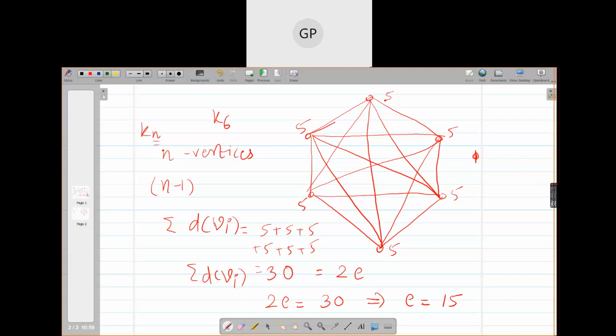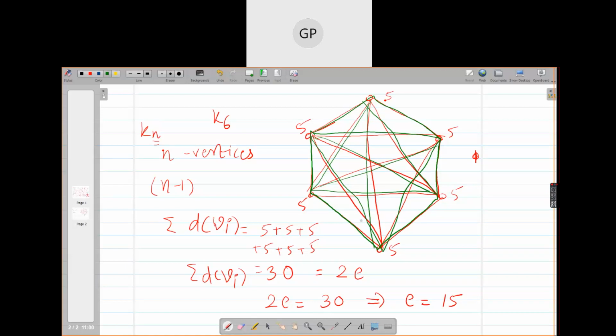See, 1 edge, 2, 3, 4, 5, 6, 7, 8, 9, then 10, 11, 12, 13, 14, and 15.